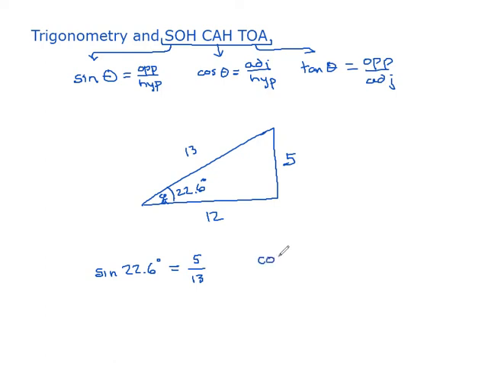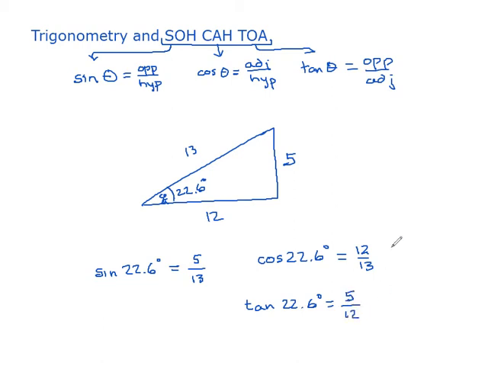If they asked you for the cosine of 22.6, cosine is adjacent over hypotenuse, so for us that would be 12 over 13, adjacent side over hypotenuse. And finally, if they asked you for the tangent of that angle, tangent is opposite over adjacent, so 5 over 12.